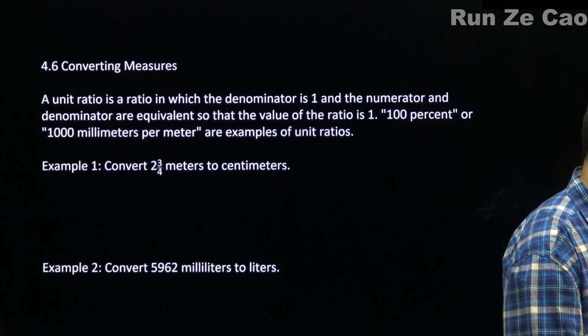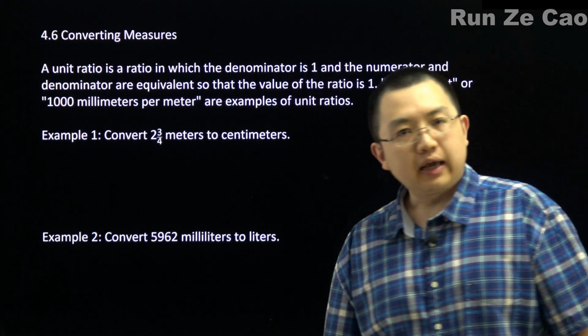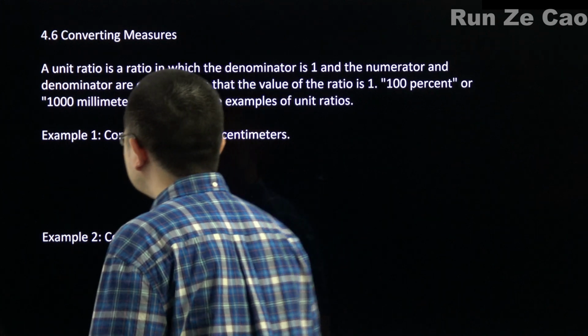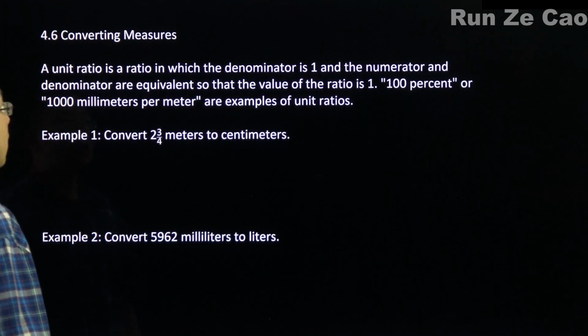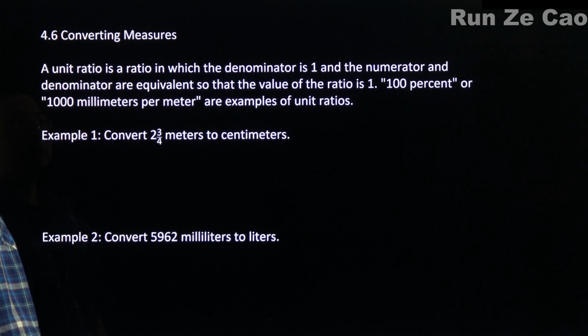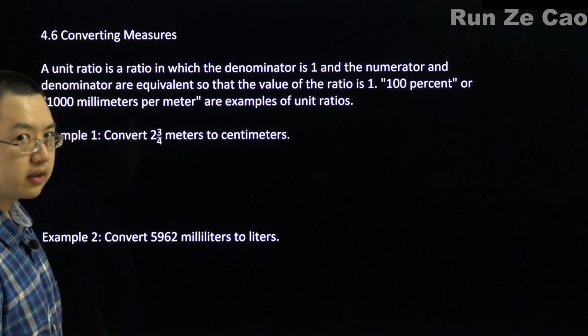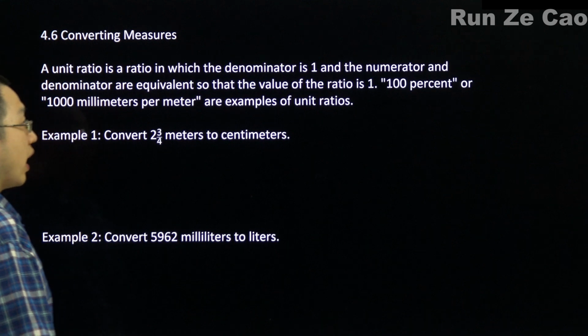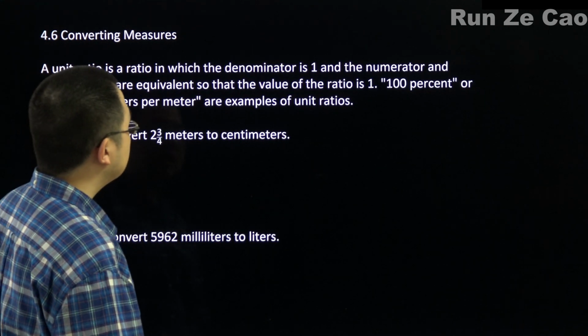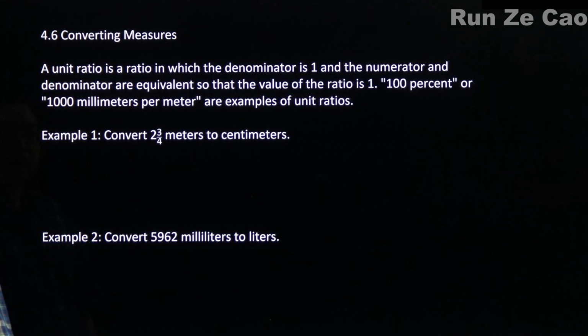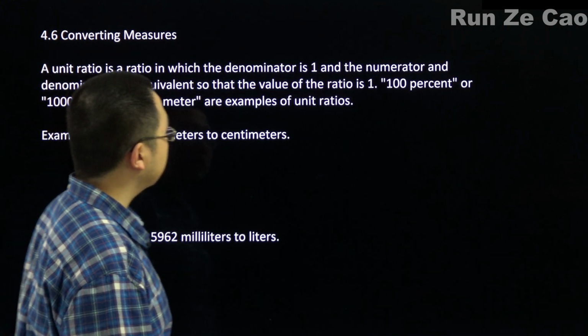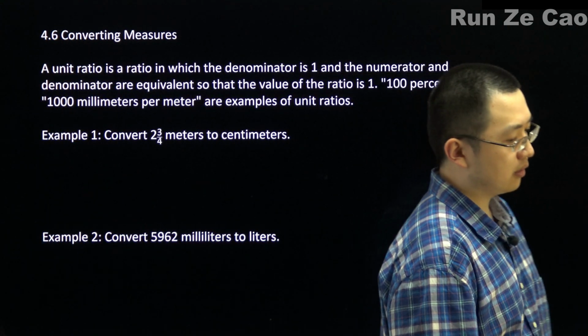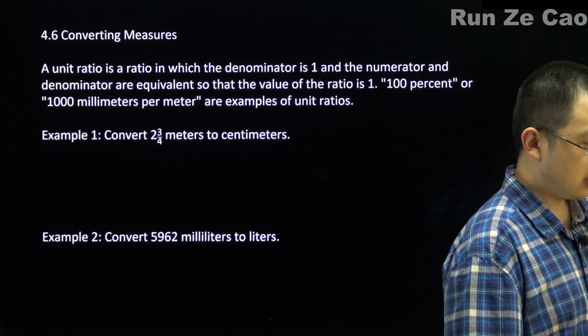Speaking of measures, let's convert some. A unit ratio is a ratio in which the denominator is 1 and the numerator and denominator are equivalent, so that the value of the ratio is 1. 100% or 1,000 millimeters per meter are examples of things we can consider to be unit ratios.